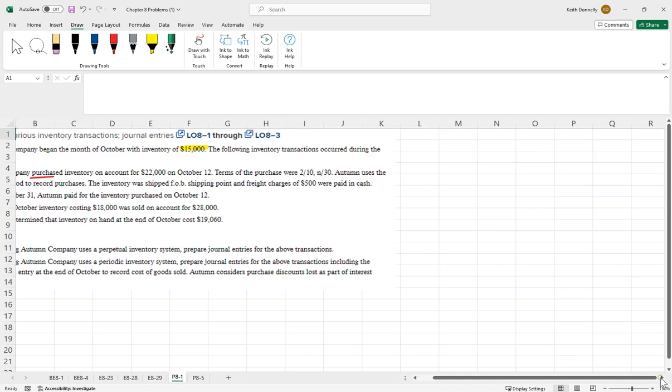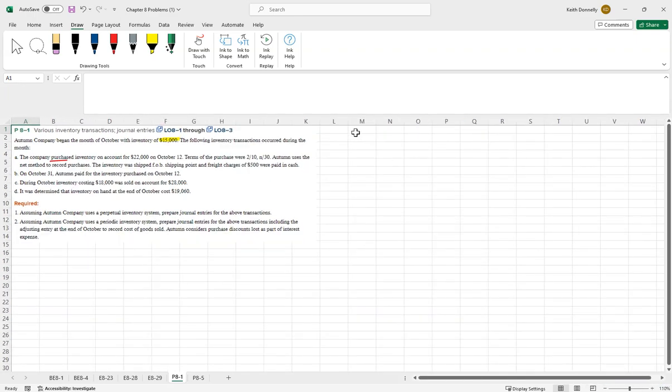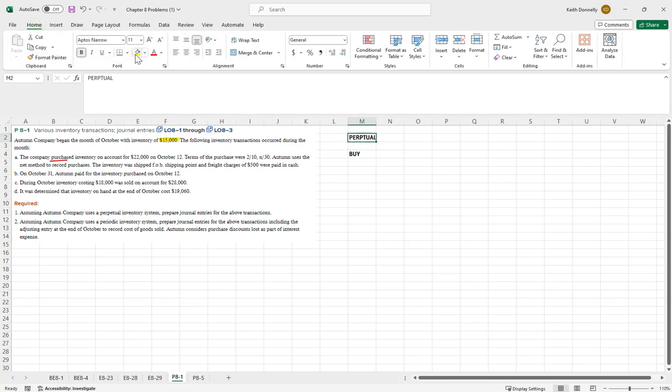Okay, the first one is perpetual, so let's start with that. The beginning point here is we bought some inventory.